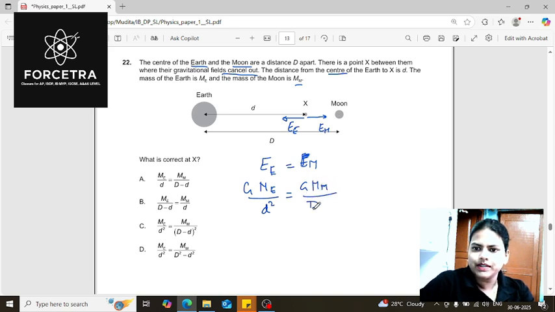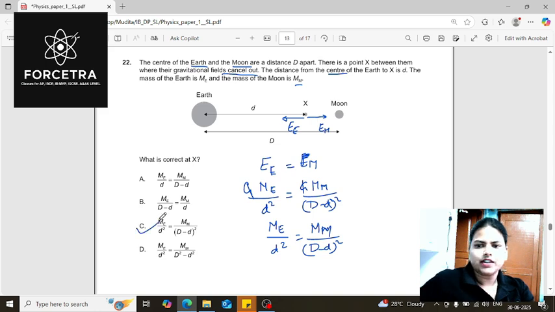The distance between them is capital D minus small d, squared. G would get cancelled and we get Me upon d squared is equal to Mm upon (capital D minus small d) whole squared. So C is the correct option.